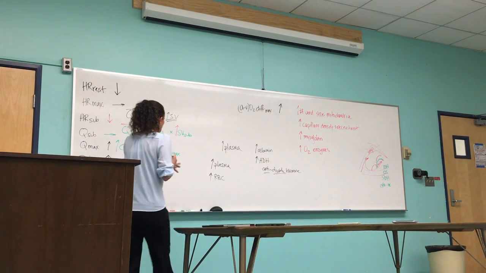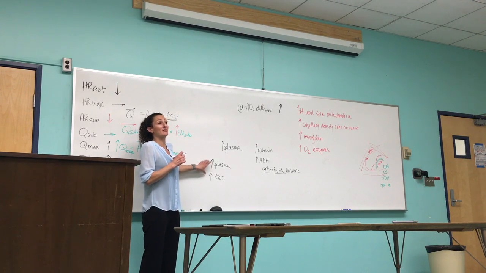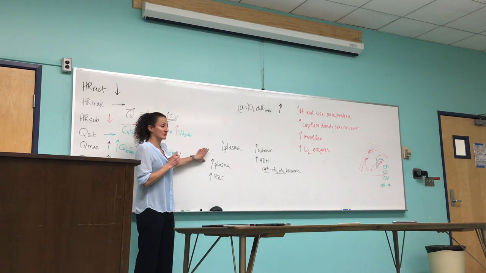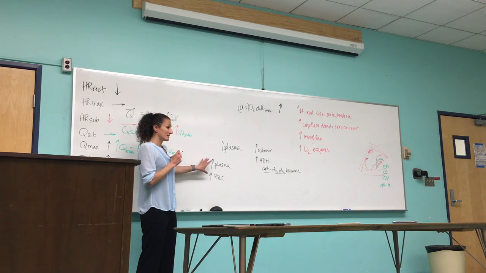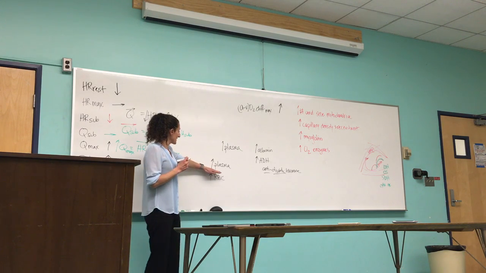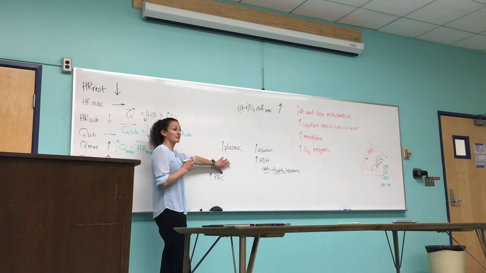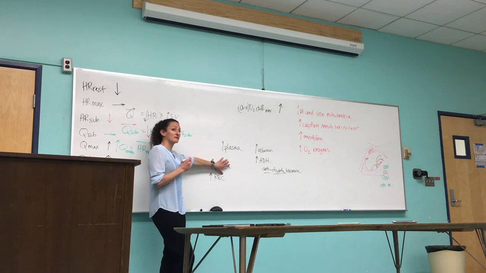So you think if red blood cells and plasma are both increasing, if they're increasing the same amount, what would happen to hematocrit? It would stay the same. But that's not what's happening. What would happen if you were to increase red blood cells without increasing plasma? We talked about this when we talked about blood. What would happen if you increase red blood cells only?